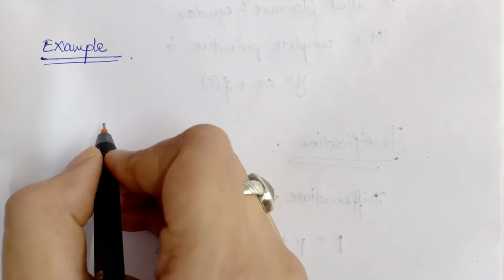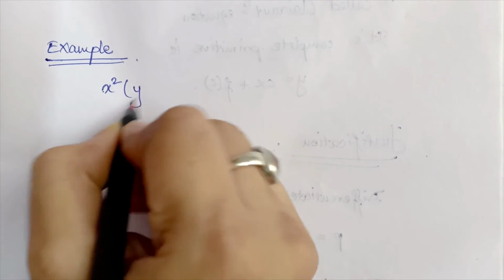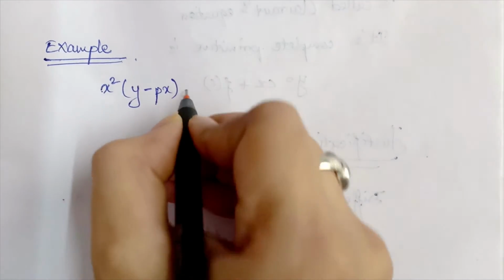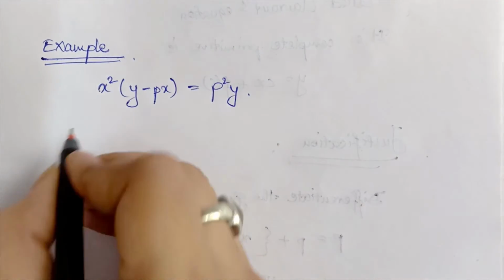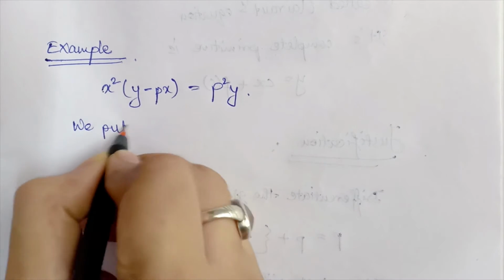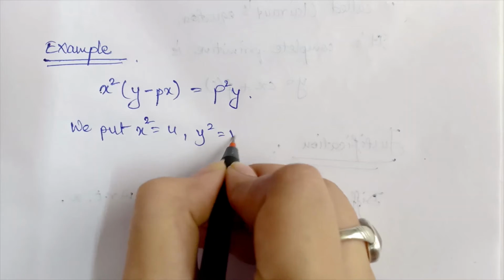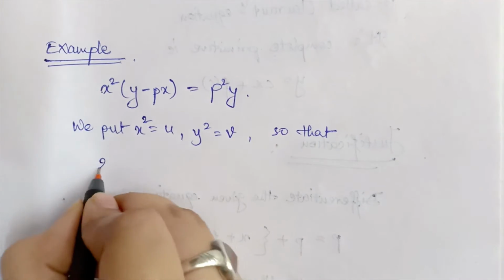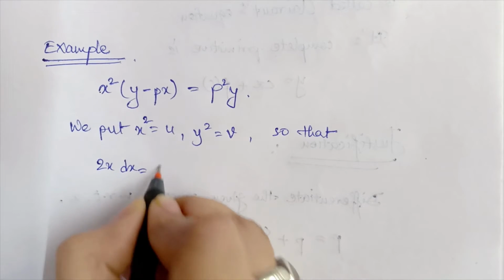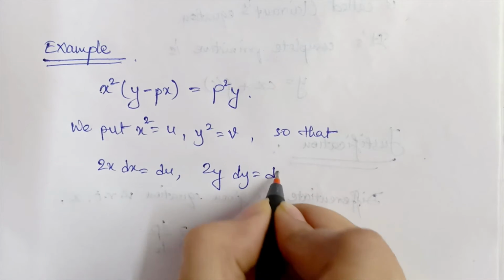Now we'll solve an example. Let's take a look at this one: x square into y minus px equals p square y. Here we put x square equals u, y square equals v, so that 2x dx gives us du and 2y dy gives us dv.